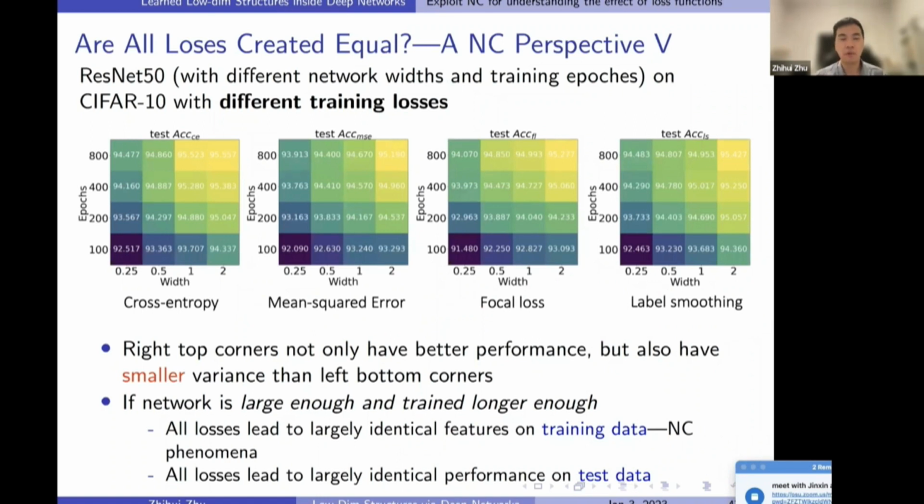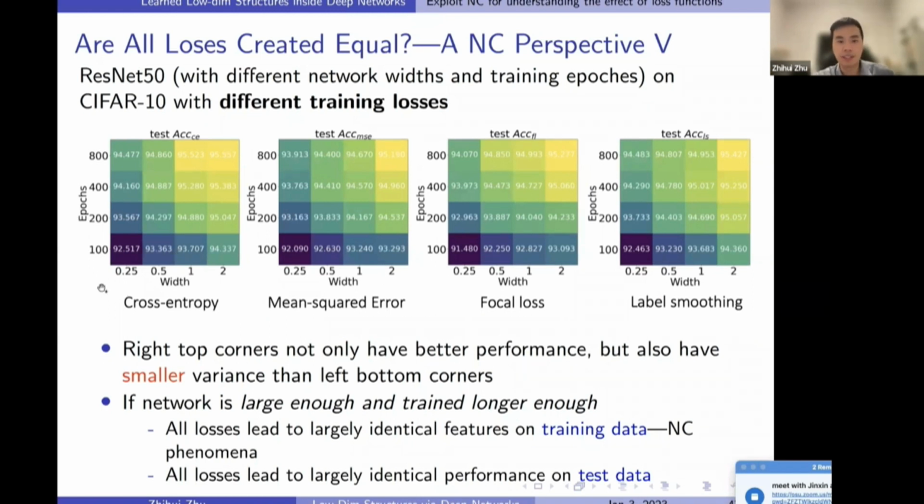Now we study the performance in different setups with different network widths and training epochs for different loss functions. In each table, from the bottom to the top, we increase the training iterations from 100 iterations to 800 iterations. And from left to right, each time we double the network width.